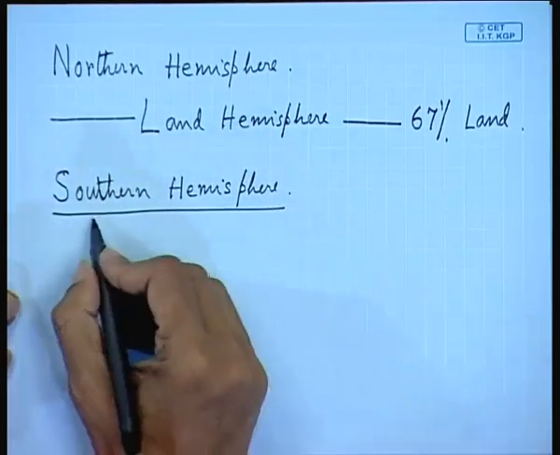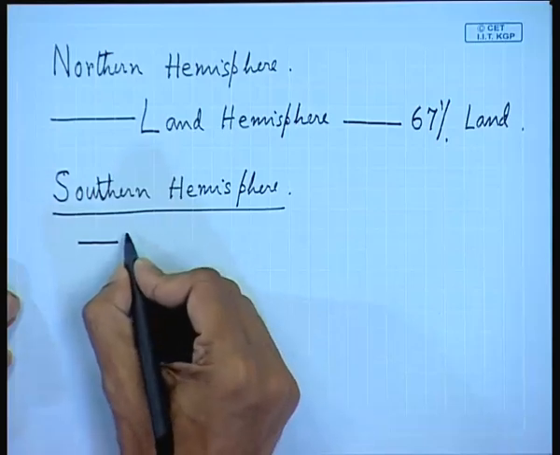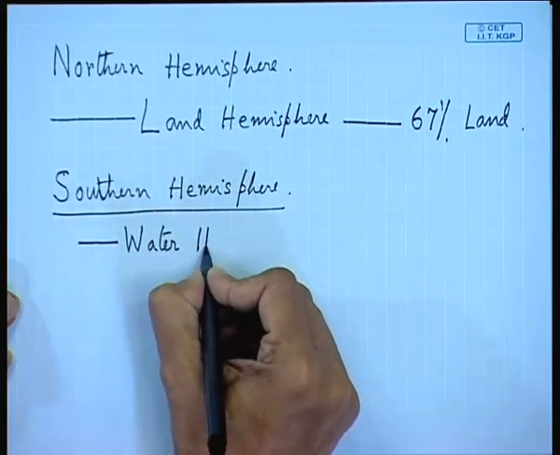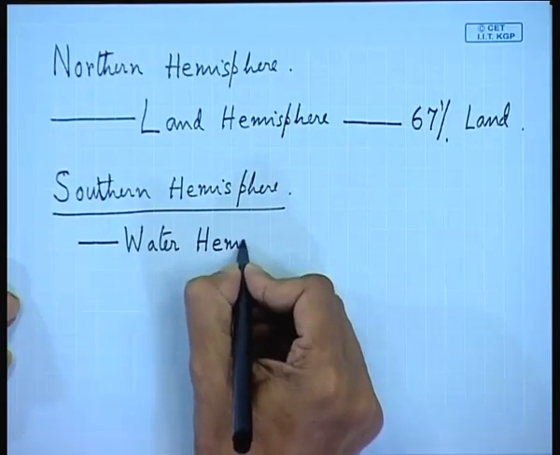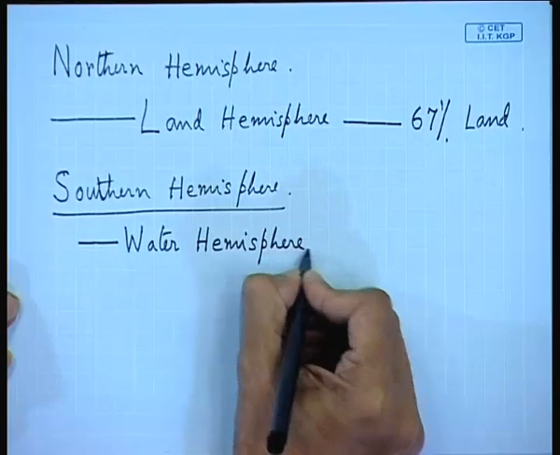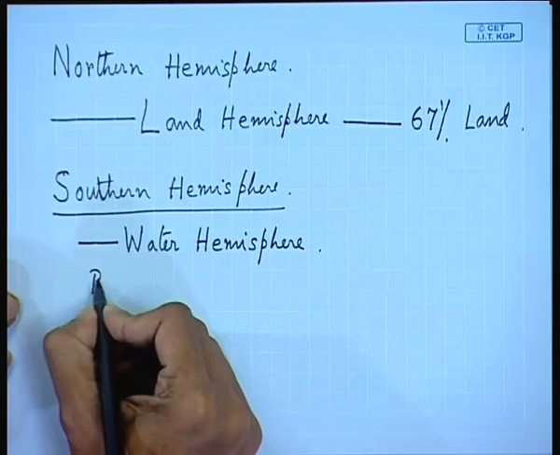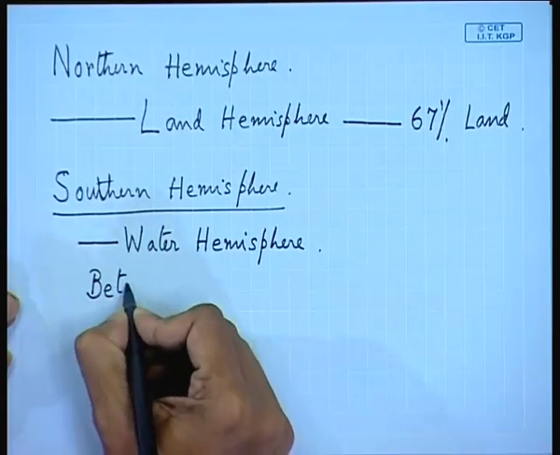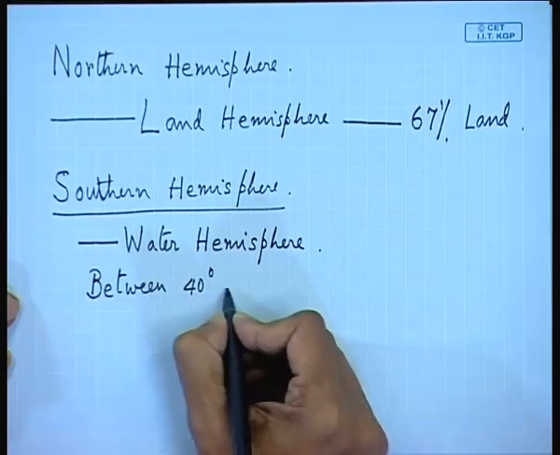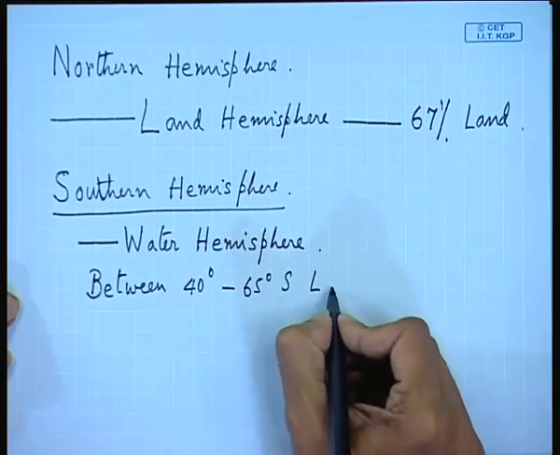Essentially the southern hemisphere is a water hemisphere. Between 40 degrees and 65 degrees south latitude, there is no land.